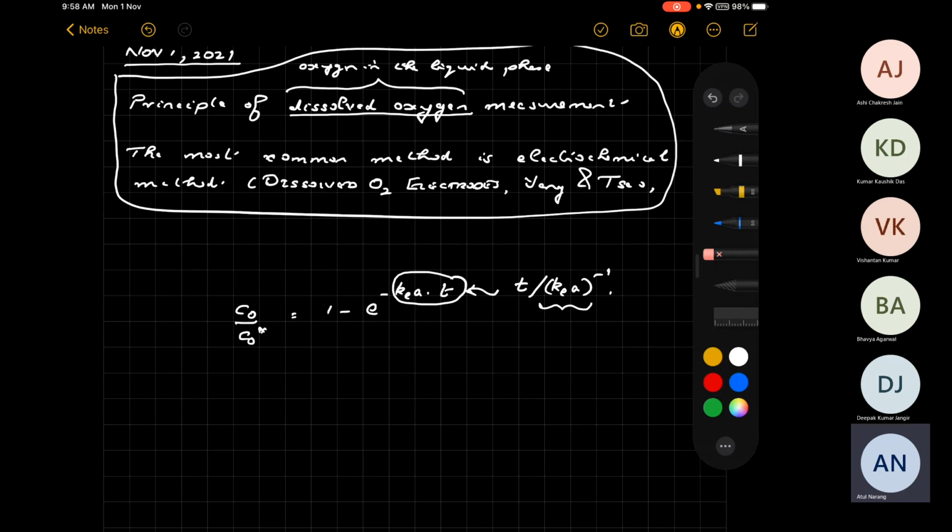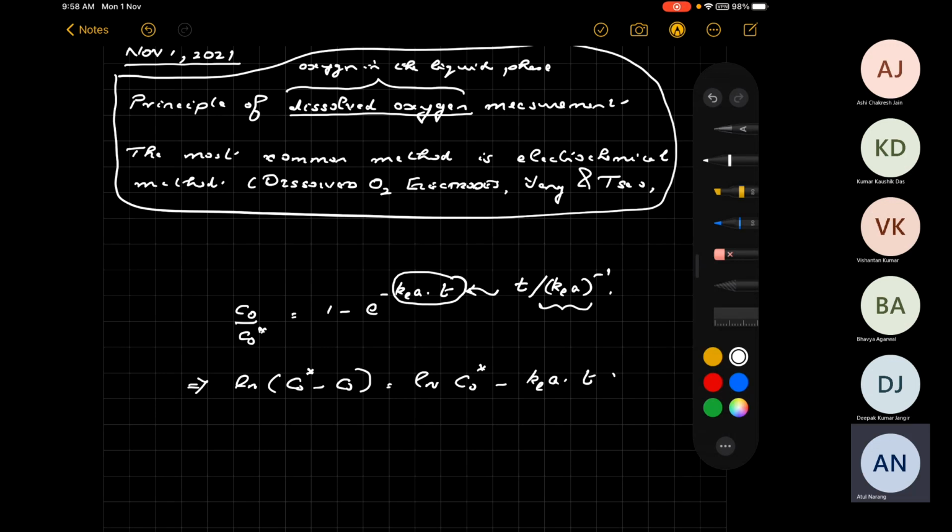This you can verify, it's a first order reaction. But that implies that ln of (CO star minus CO) equals ln of CO star minus KLA T.